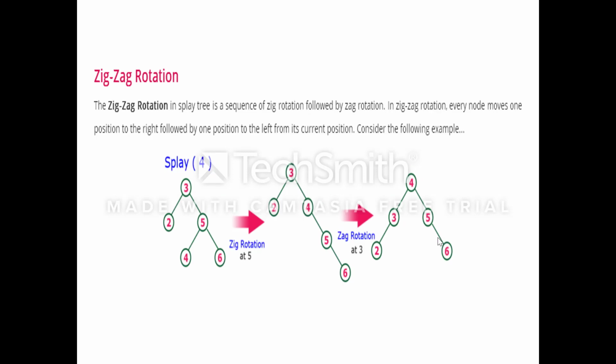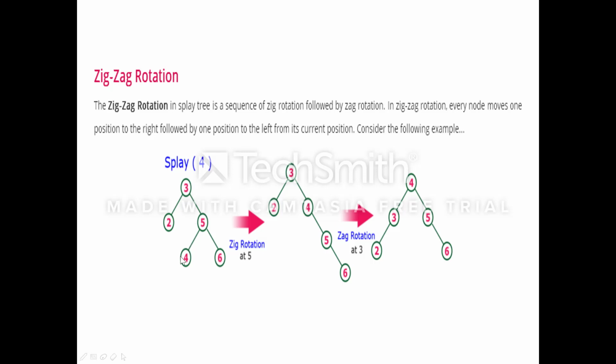Let us move ahead. Now the next type of rotation is zig-zag rotation. In zig-zag rotation, a sequence of rotations is followed. Here we perform first one right rotation followed by one left rotation. Let us see the example. Suppose we want to splay 4.